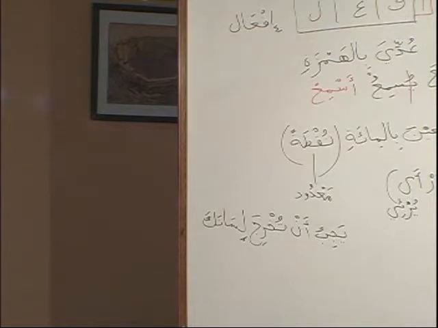What did I write, brothers and sisters? Yajību an tukhrija lisānaka. Translate, brother: you must take your tongue out.